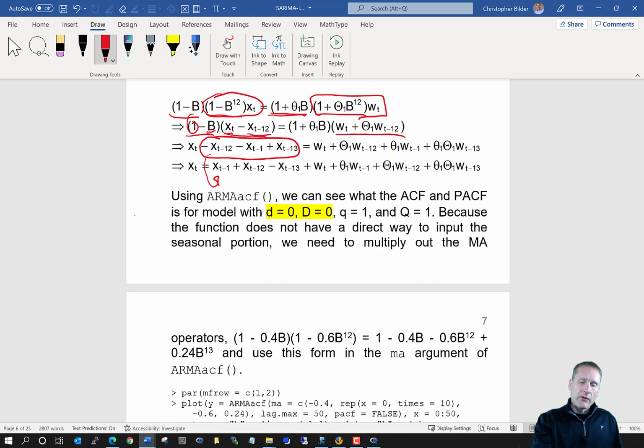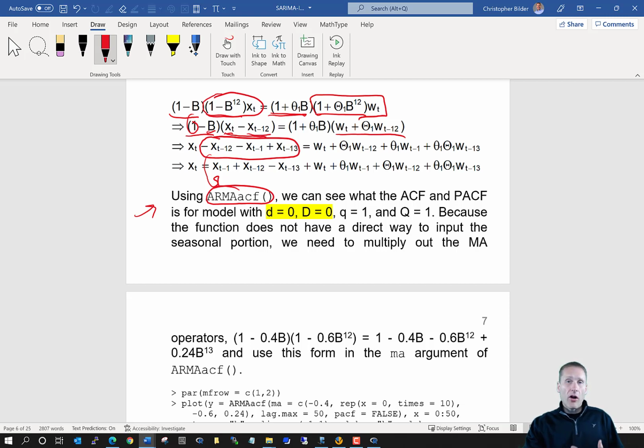Now also what we can do in R is use this ARIMA ACF function that we've seen in the past to see what the true ACF and true PACF would be for this particular model. Now we don't have a way to specify what the order of differencing is. We didn't have that before as well.